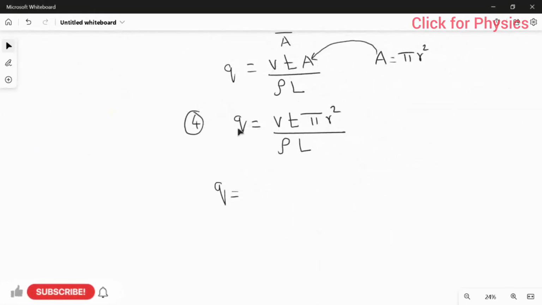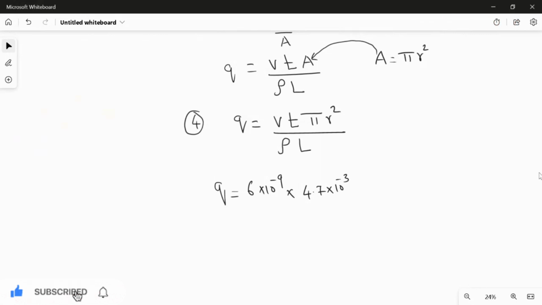So this is our final equation. Now I'm going to substitute the values to get our final answer. What is the value of the potential? 6 nanovolt, so 6 multiply 10 to the power of minus 9, and the time is 4.7 millisecond, so 4.7 multiply 10 to the power of minus 3 second. The value of pi we know is 3.14, and the radius of the copper wire they mention as 2 millimeter.